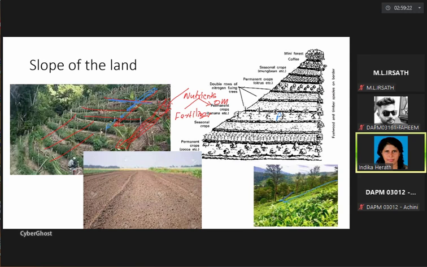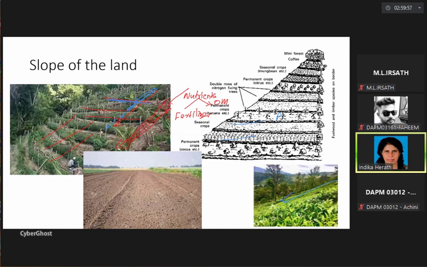If you go further, along these permanent crops, there are some cash crops and seasonal crops, but all of them are in contour directions. You can see that they are along the contours. So there will be no issue of heavy erosion, due to the precautions taken, right?